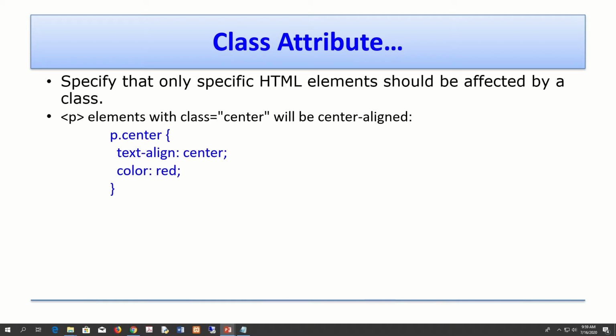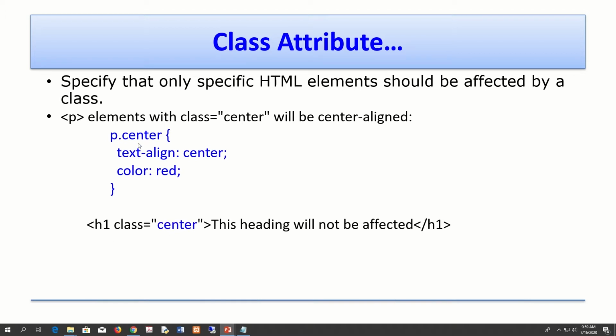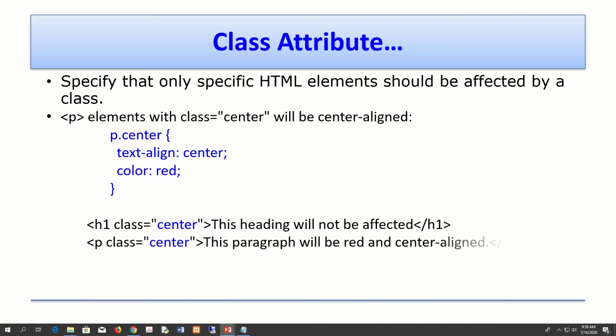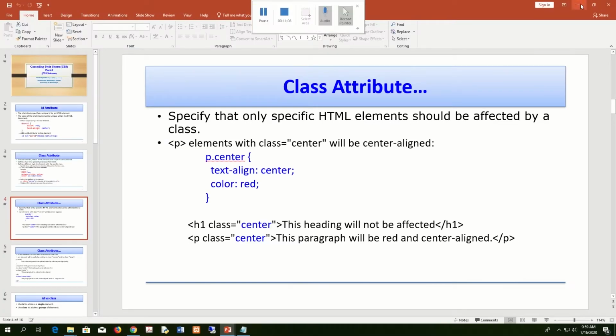Then this class is applicable only to the paragraph. So even if we set this center class as an attribute of the level 1 heading, these properties are not applied to the level 1 heading. Let's see. I define the same class.